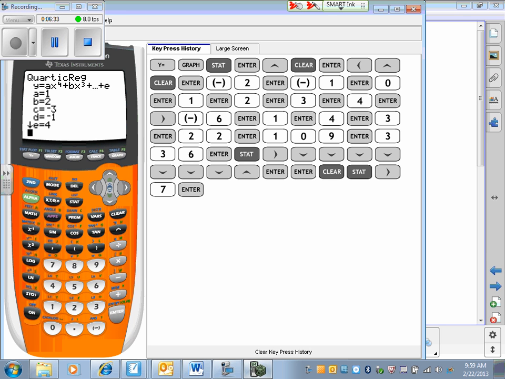So a to x to the fourth would be 1x to the fourth, or x to the fourth, plus 2x to the third minus 3x squared minus 1 plus 4. Oh, sorry, 1x minus 4. You see that? They just couldn't fit the example of the problem on there. Lazy calculator. I guess if we had a bigger calculator, it would all fit there. Okay?